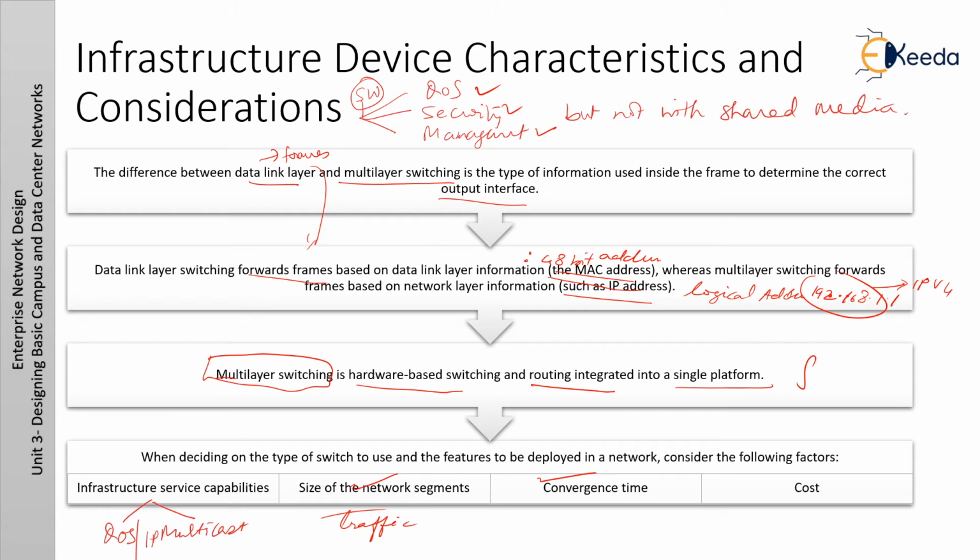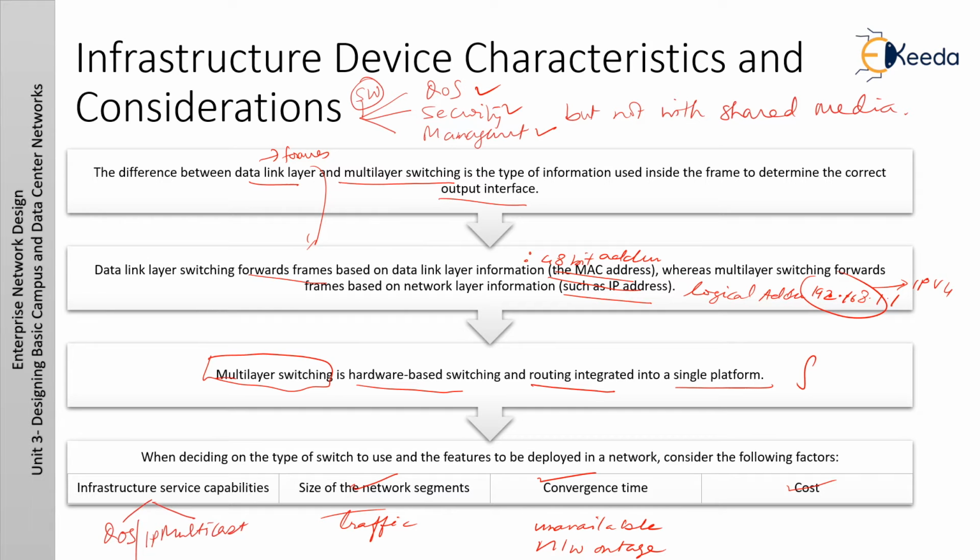Then convergence time. This is the maximum amount of time the network will be unavailable in the event of a network outage. And the cost is a very important thing: the budget of the network infrastructure.